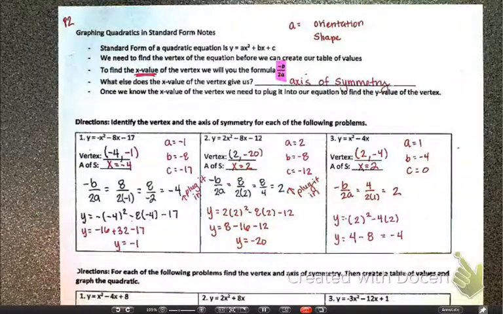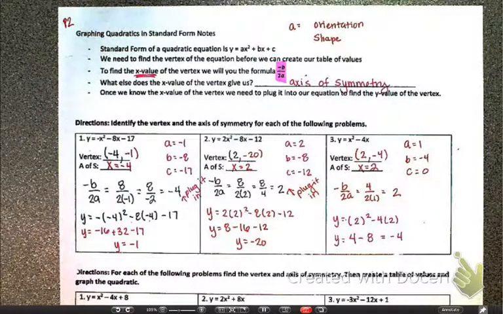So let's do a quick recap of yesterday's notes, because what we did yesterday is going to follow what we're doing today. So someone explain to us what yesterday was all about. In your own words, what were we doing? Finding the vertex in which form? Standard form.